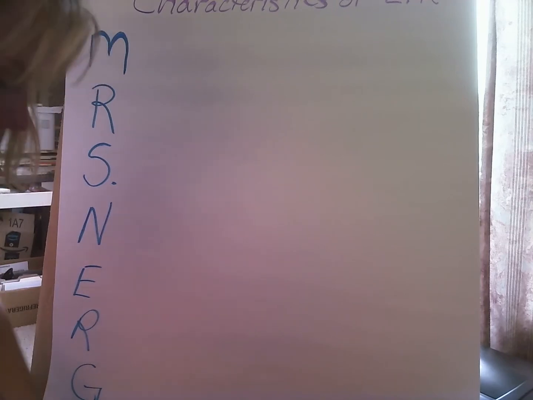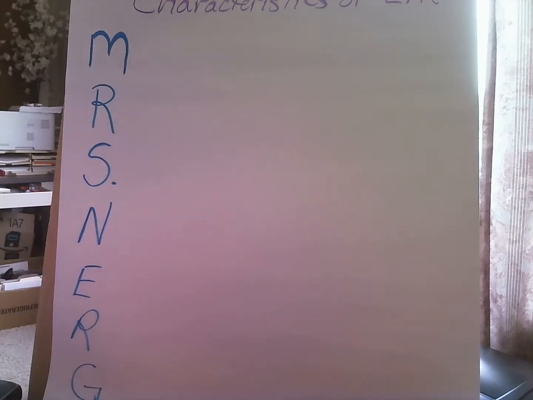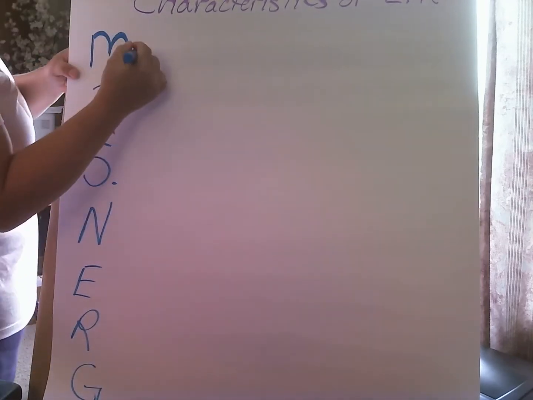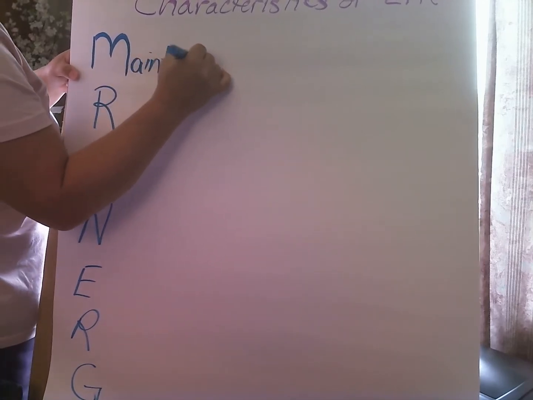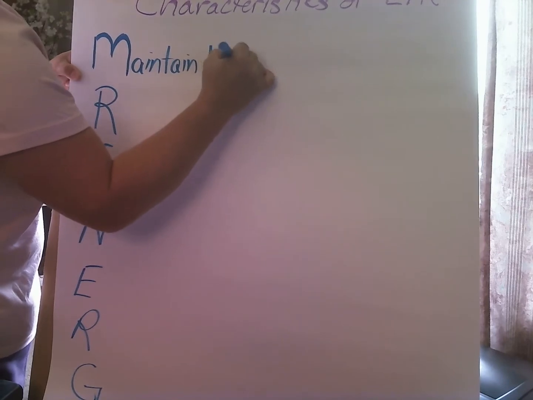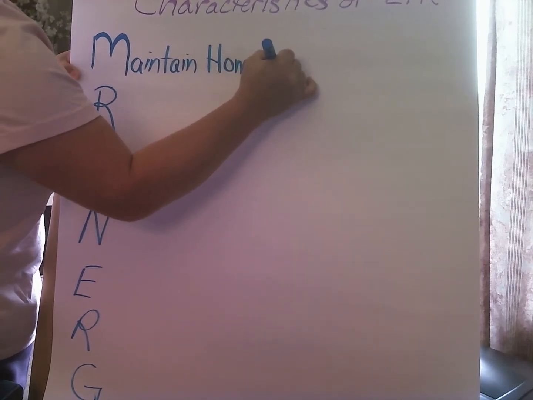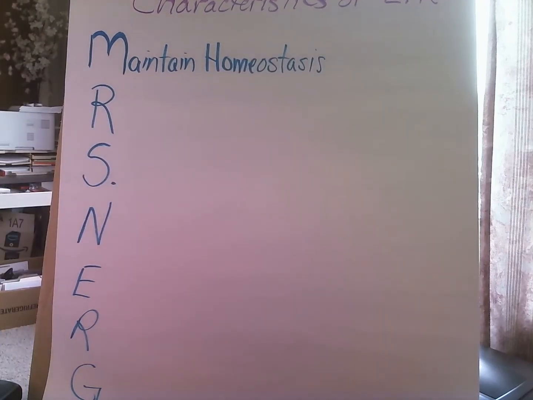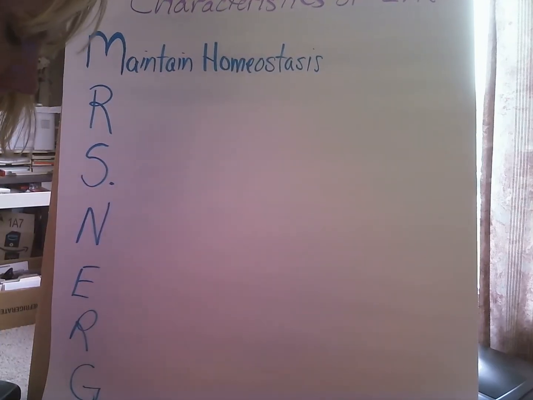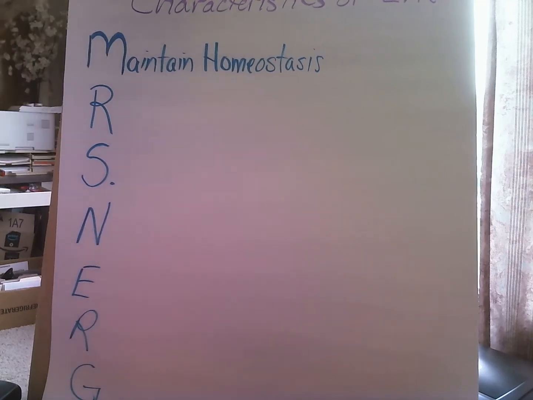These are going to be characteristics of every living thing. All right, so the first one that we have is all living things maintain my favorite H word, homeostasis. Every living thing maintains homeostasis somehow.